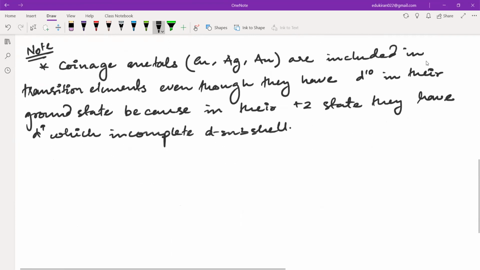Next is the last group, that is zinc, cadmium, and mercury. Zn, Cd, Hg.